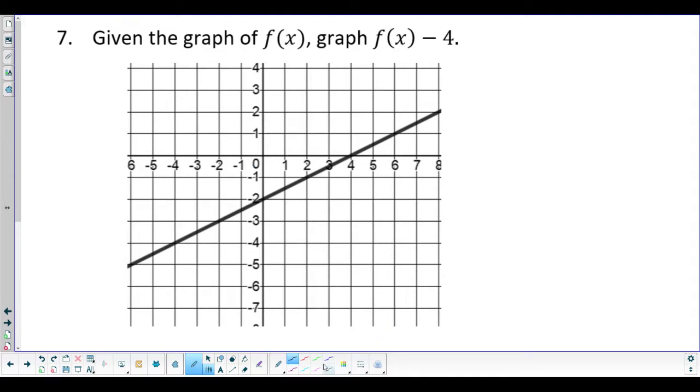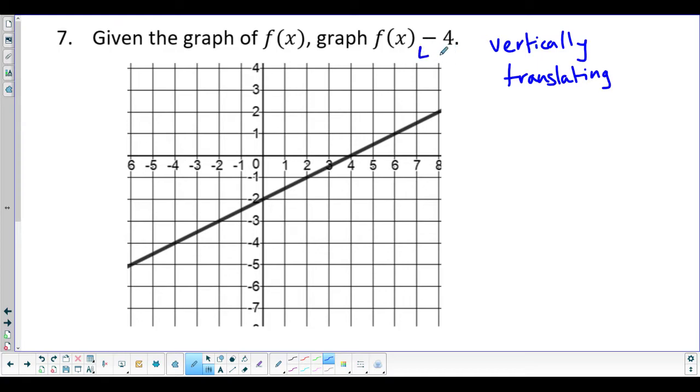And the thing that's happening here is we are vertically translating, right? We are going to move our graph f of x either up or down based on what we add or subtract. Okay. Well, in this case, we are subtracting 4.